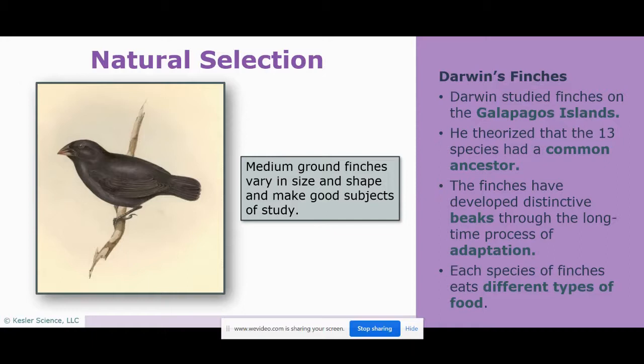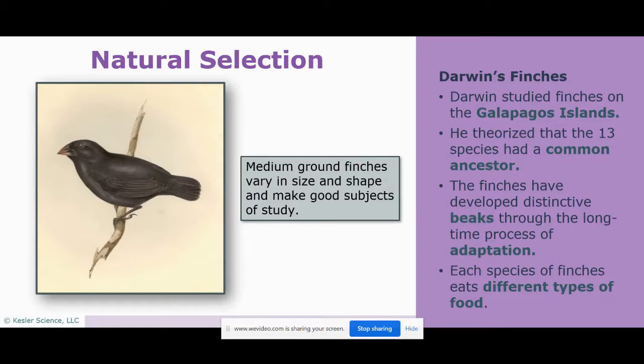Here we go back to Darwin and his finches. He studied them on the Galapagos Islands. He also looked at turtles and several other species on the islands, but is most famous for the finches. He theorized that all the birds he saw on the different islands actually had a common ancestor, but they all had very distinctive beaks.